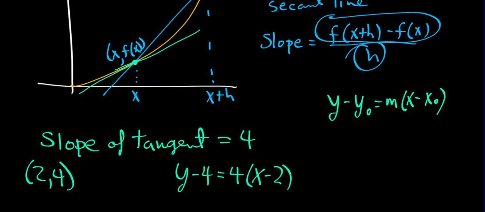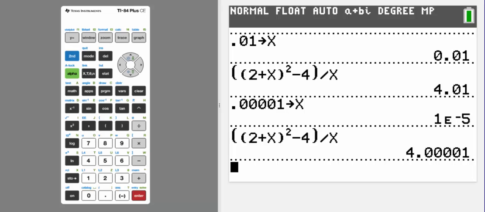Now let me get it ready so I can put it in my calculator. This is y equals 4 times x minus 2 plus 4. That's the equation for the line that's tangent. Now look at this coolness here. Let's put this in.